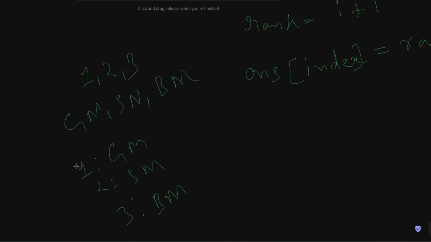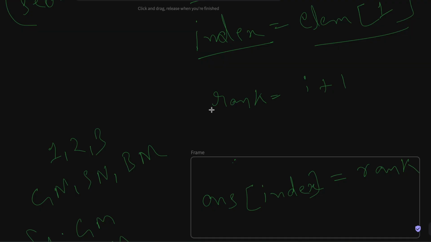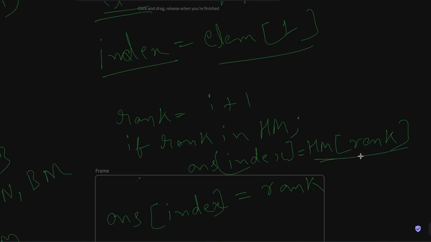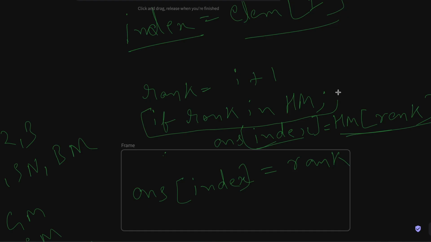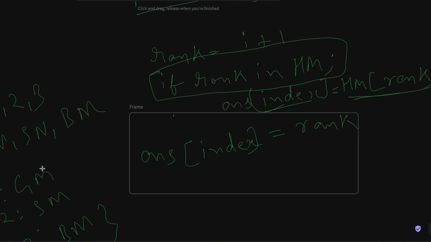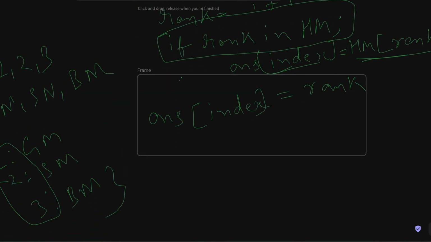Then in our code I can put a check here: if rank is in the hash map, then answer at index is equal to hash map of rank, and that will give you the proper string for that particular index, right? And this condition will only be true for positions 1, 2, and 3, because there are only 1, 2, and 3 in the hash map.